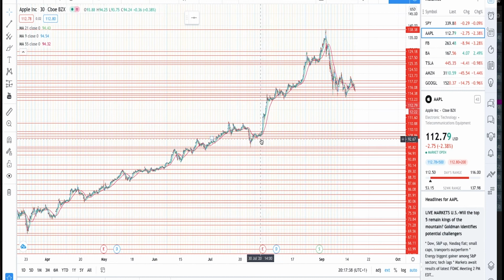So for instance, for this example here, 30th of July to the 4th of August, it moved from around $95 to around $100, $110. That's a huge move. If you caught that, it would have been a huge amount of profit, but you need to keep in mind how much time you need on the contract to make that profit.